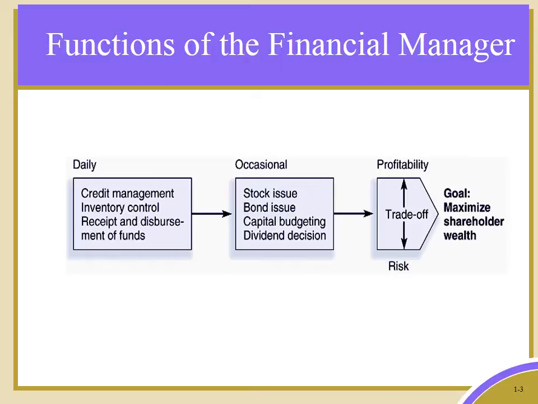And then using a dividend decision and dividend policy to decide how you are going to take your earnings. Are you going to roll it back into the company, or are you going to pay it out to your shareholders? And then getting to the bottom line is maximizing that shareholder wealth by having a balance and trade-off between making your company as profitable as possible while still managing risk.